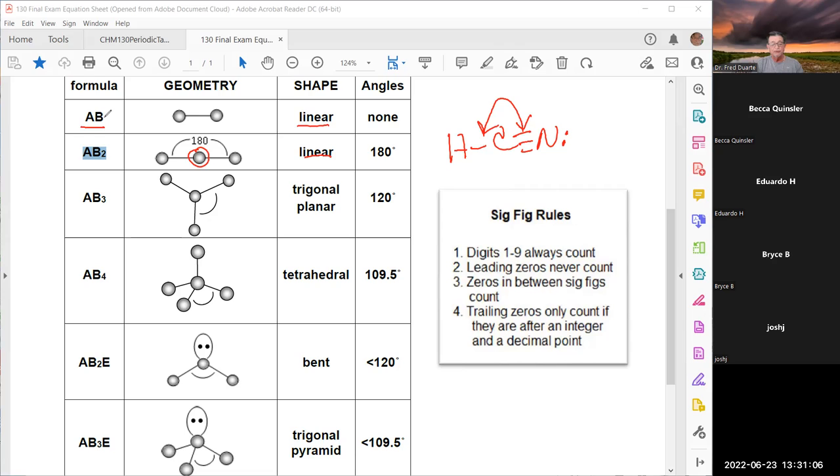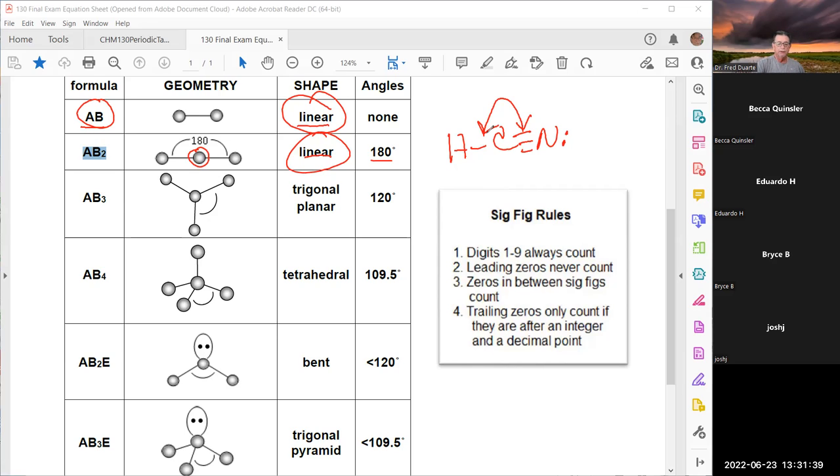There's really no central atom when there's only 2 atoms. Either one could be central, but when there's only 2 atoms bonded to each other, by default, it's linear, okay? There's really no bond angle there because there's only two atoms bonded together, and that's it. But the common thing is it's linear where there's 2. And if you add another B, it's also linear. And now you have a bond angle of 180 degrees, okay?